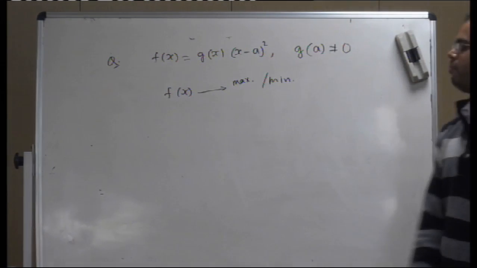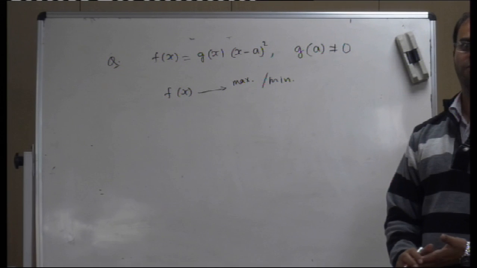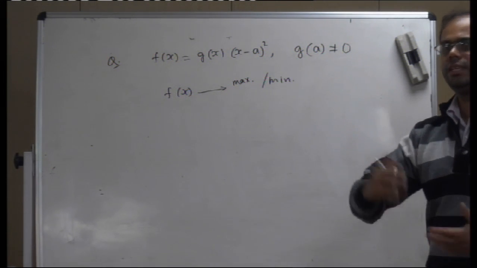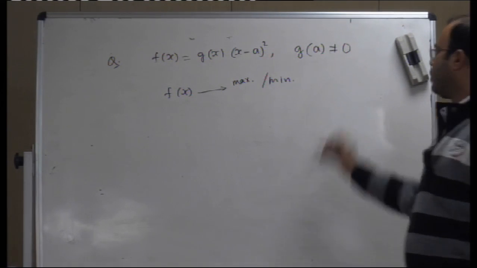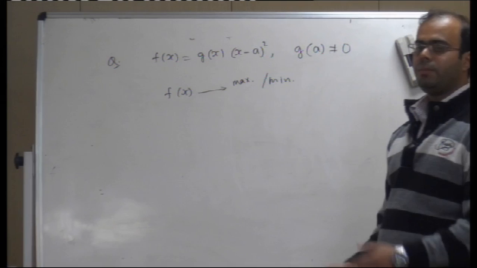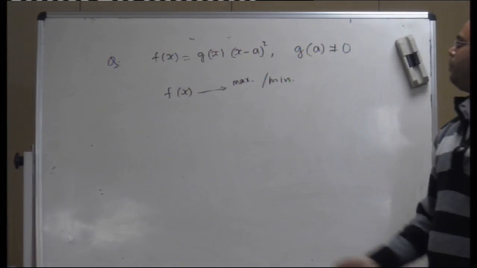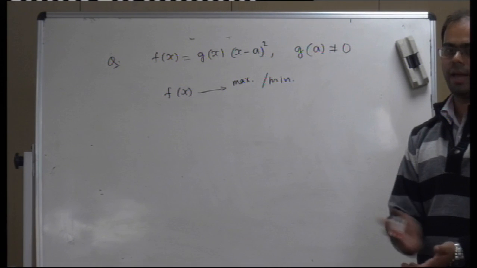You have to work out where f(x) is maximum or minimum, under what condition of g(x) it is maximum or minimum. It depends obviously on g(x). So what would be the changes on g(x) that would make f(x) maximum or minimum, and what would be the point where this would happen.